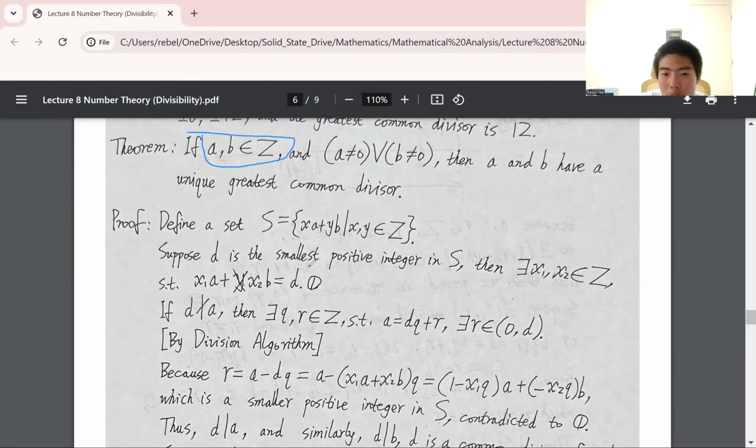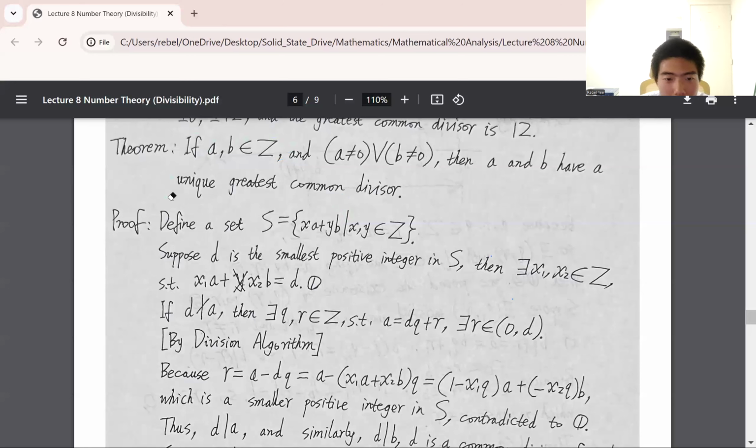If D is the smallest positive integer in S, it is actually the GCD, because by the well-ordering principle, a set of natural numbers greater than 0 will always have a smallest positive integer, right?